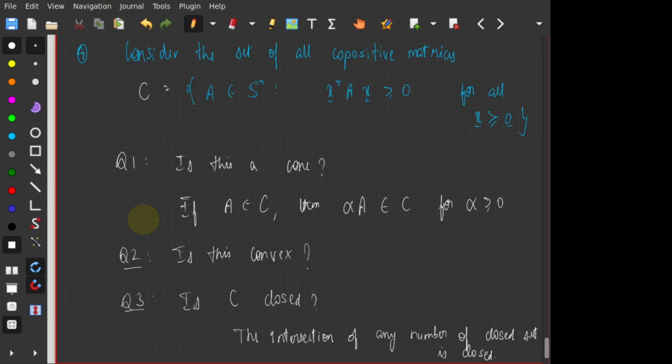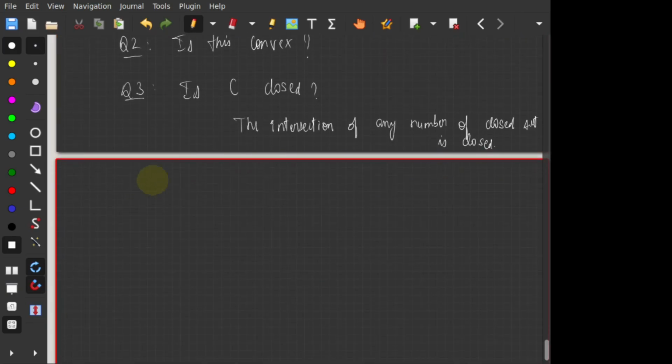N. So you fix an x greater than or equal to 0. Right? The set of all matrices A for which x transpose A x is greater than or equal to 0. What kind of a set is this?